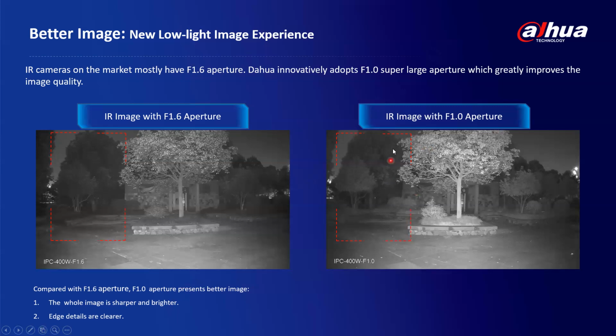You can see from this particular point that the whole image is sharper and brighter, and the edges are clearer, for this 1.0 f value with a bigger super aperture.